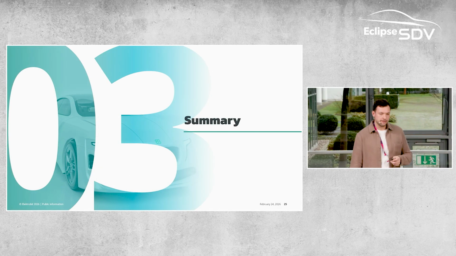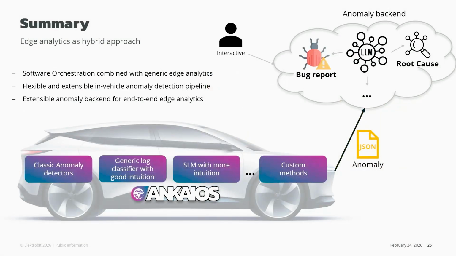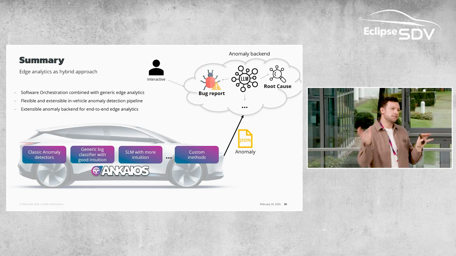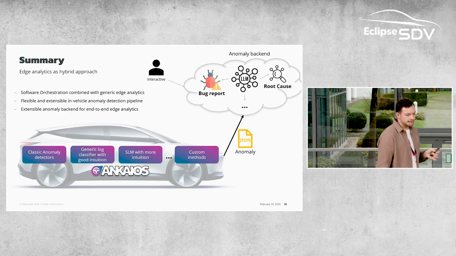So let's wrap up in a simple summary. There are 3 major points and key insights you should take away from this talk. Combining software orchestration with edge analytics makes sense because you have a monitor and some intelligent eye looking for broken deployments.